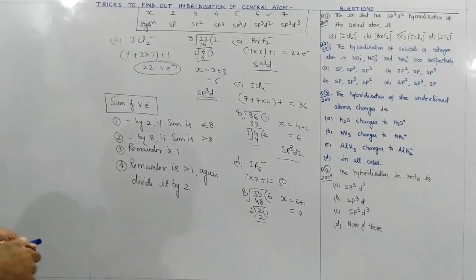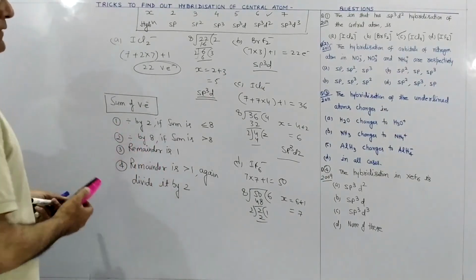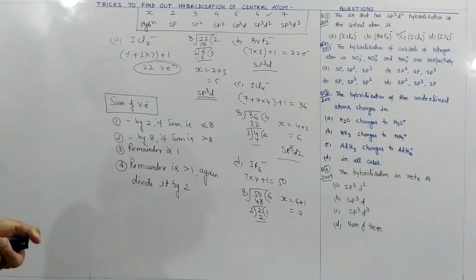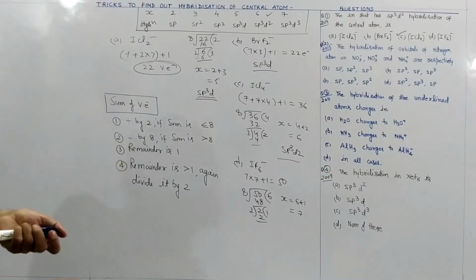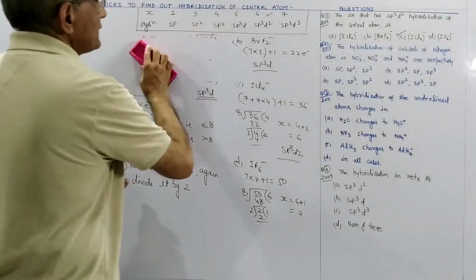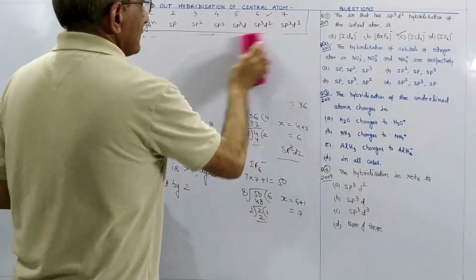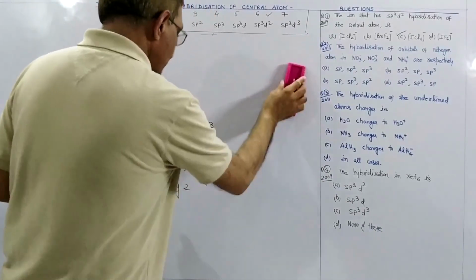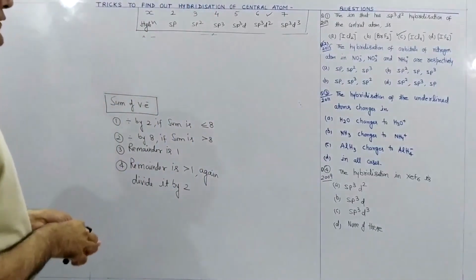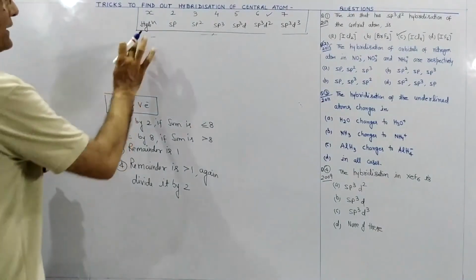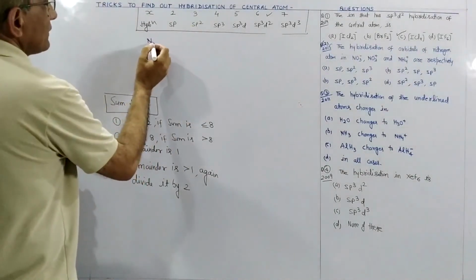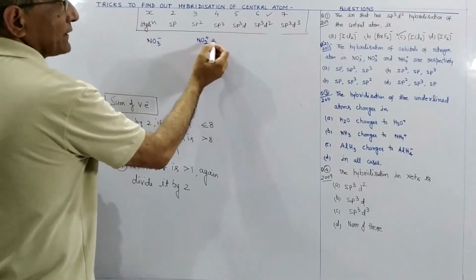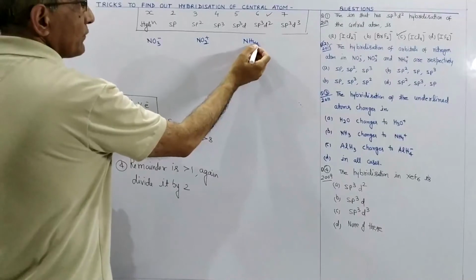Now we'll do second question, which they asked in 2015. The hybridization of orbitals of nitrogen atom in these three species. We have to find out the correct order here. We have three species here: one is NO3 negative, other one is NO2 positive, then third is NH4 positive.